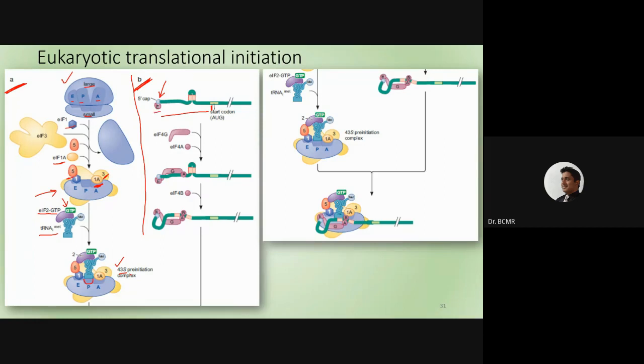The GCAP is recognized by EIF4E, initiation factor E, and then we have EIF4G and EIF4A. They interact. The recognizing one is E, and to the E, you will have the binding of G and A. And then there is the binding of EIF4B, right?